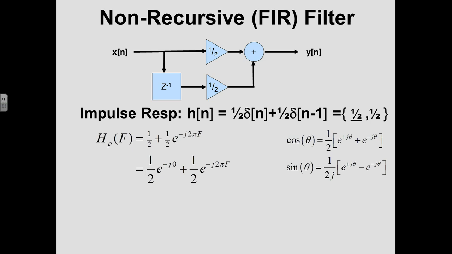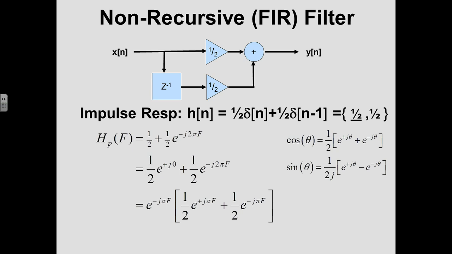In order to arrive at that, what we can do is factor out a factor of e to the j, and what we want to take out is a value that's halfway between the beginning and ending exponent. So halfway between positive j0 and minus j2 pi f. In this case, that would be an e to the minus j1 times pi f.